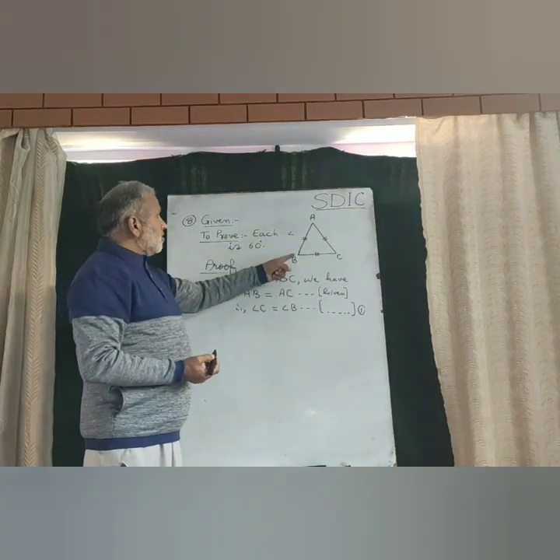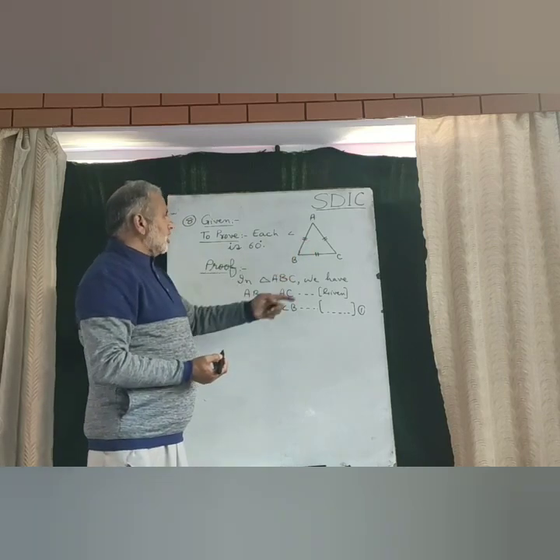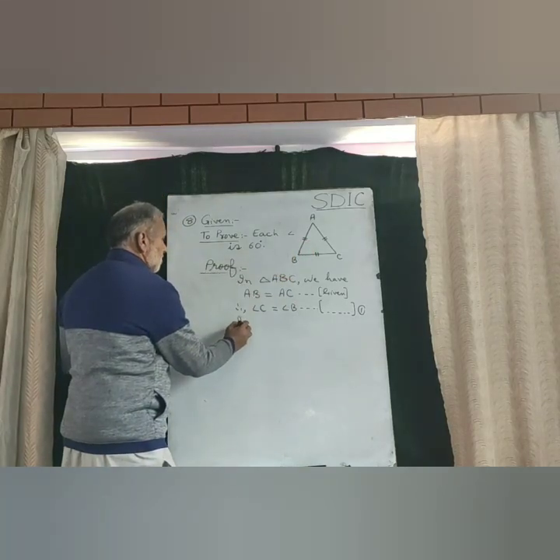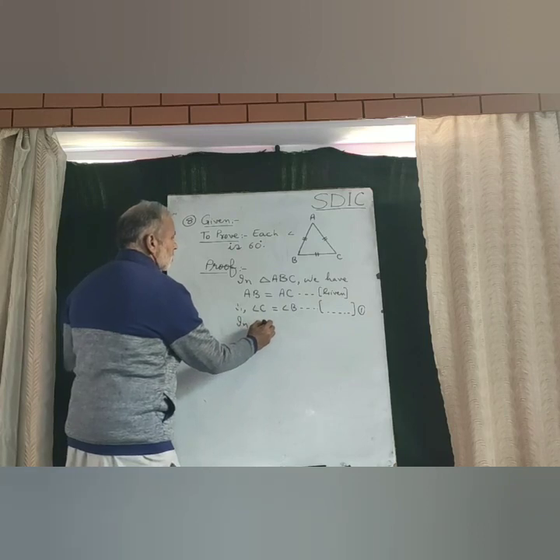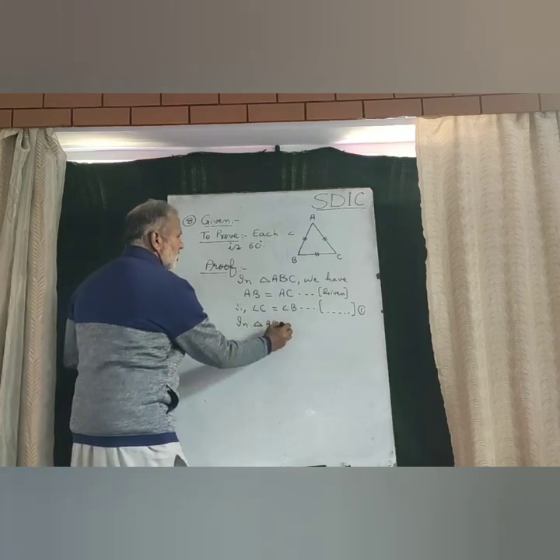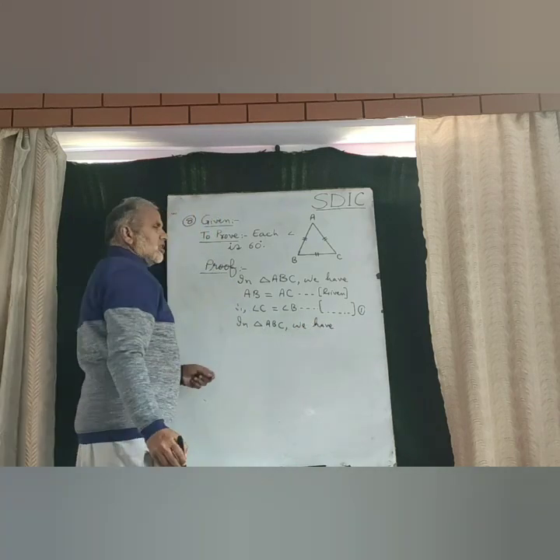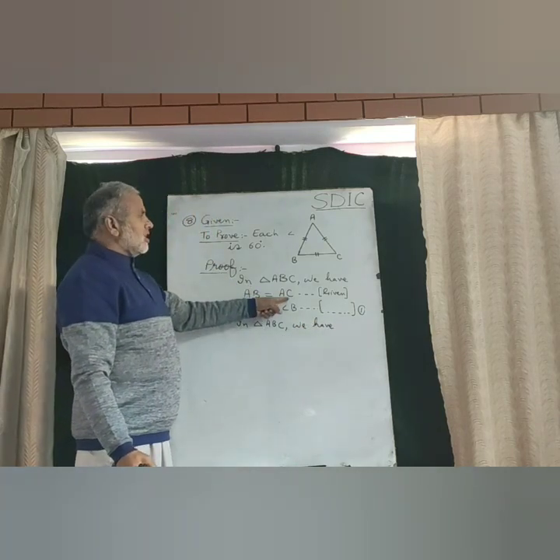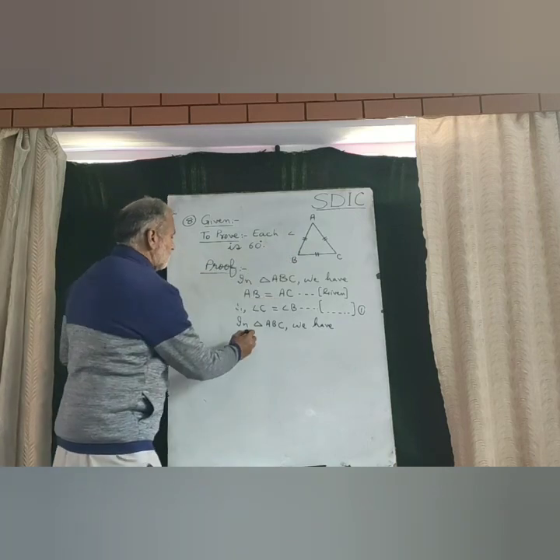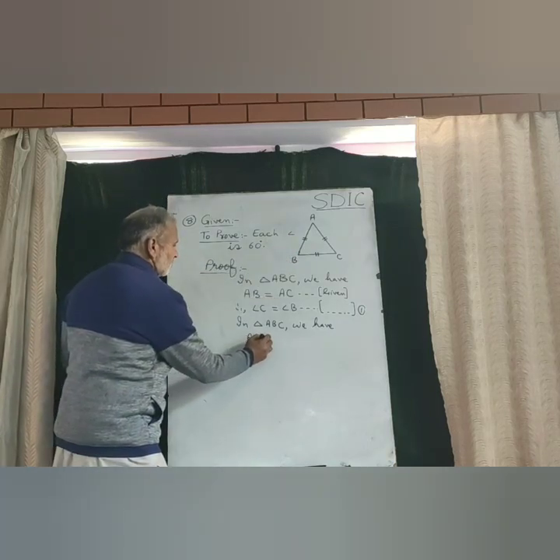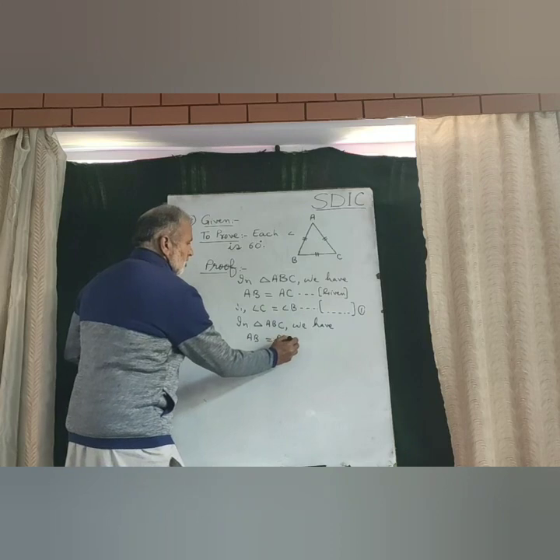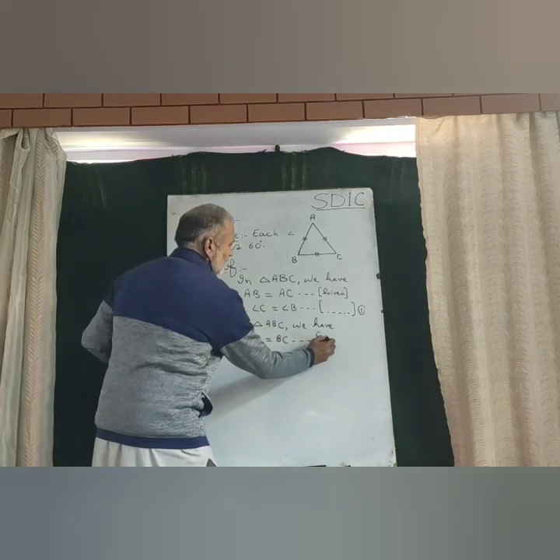Now instead of side AB and AC, choose the pair AB and BC. In triangle ABC, we have, so what shall we do now? Instead of AB and AC pair, we'll use AB and BC. Again, it is given to us.